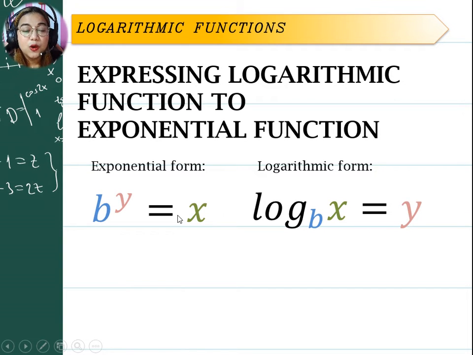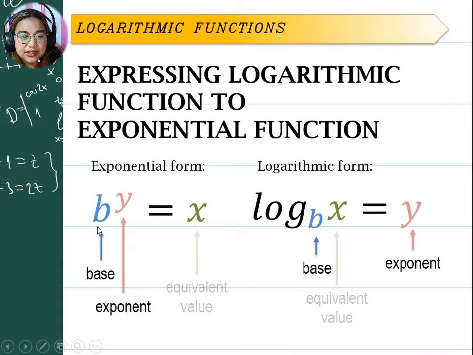So, it is just the same with logarithmic form. The difference is we are using logarithms. So again, we can read this one as logarithm of x base b equals y. Remember that b is our base, y is our exponent, and x is our equivalent value.